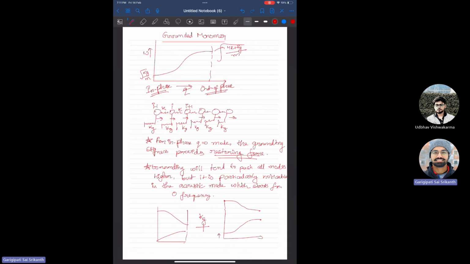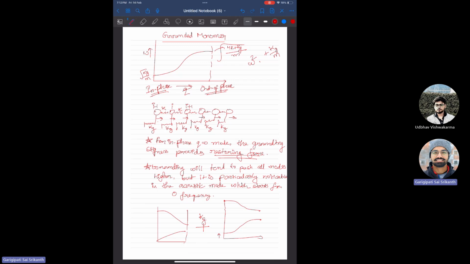So we established that grounding will push up the in phase mode as well as the out of phase mode by different amounts, of course. But maybe if you see it in terms of omega squares, then it will push them up in equal amounts. If you see in terms of omega square, then grounding pushes everything up by plus kg by m.